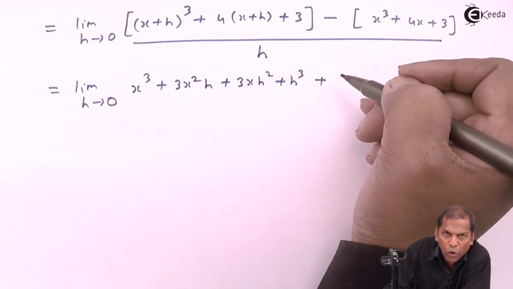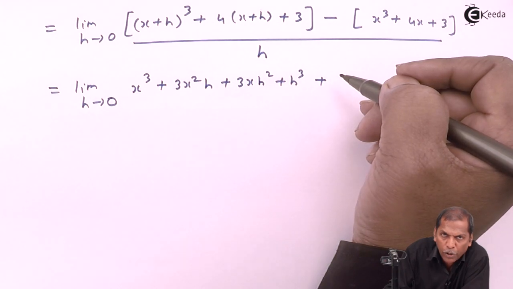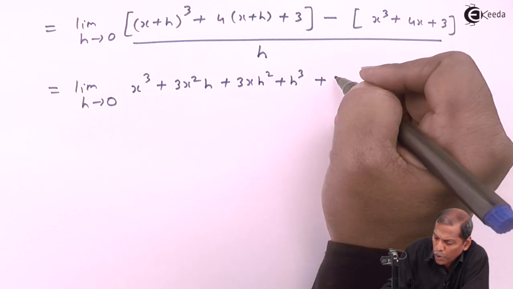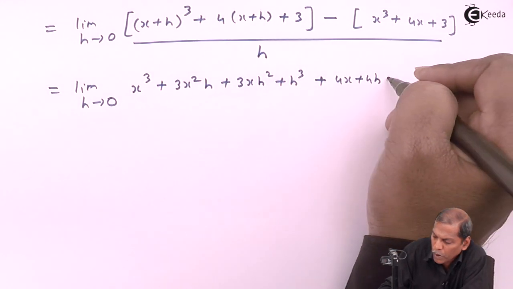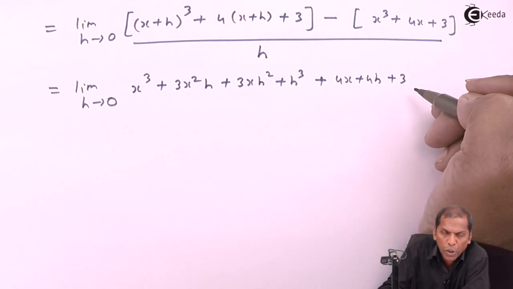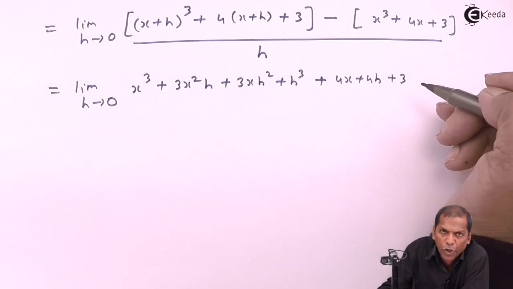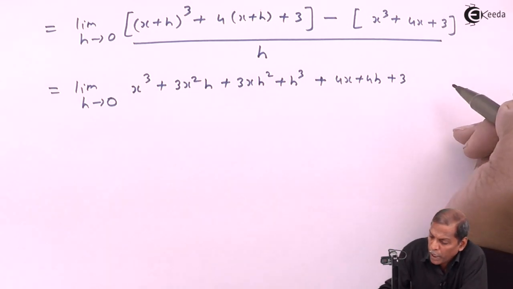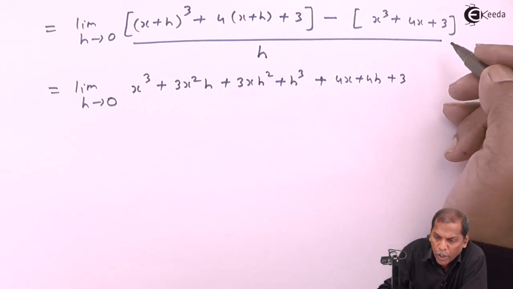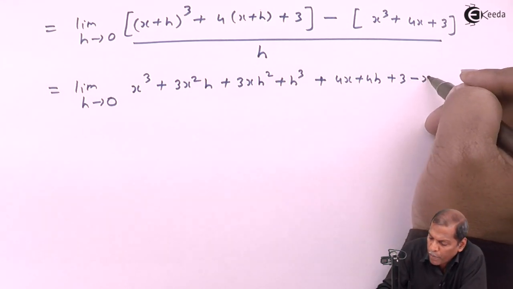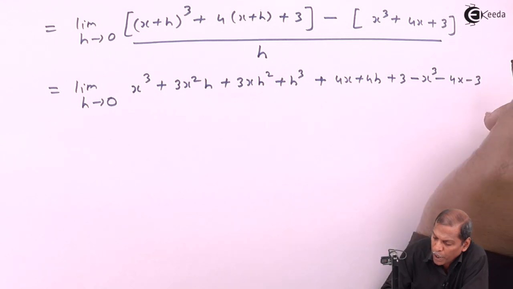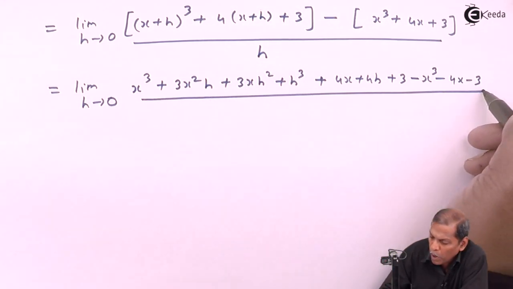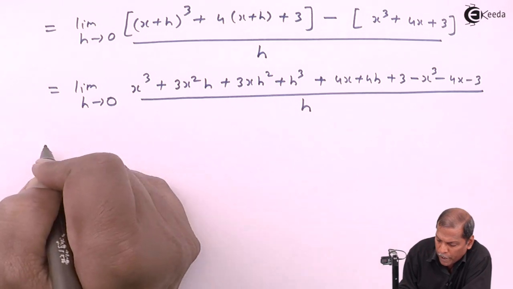Then we have to multiply x plus h the bracket by 4, so we get 4x plus 4h plus 3. So this is simplification of first brackets. Then second bracket we have to open with minus sign, so we get minus x cube minus 4x minus 3, and then whole thing divided by h.